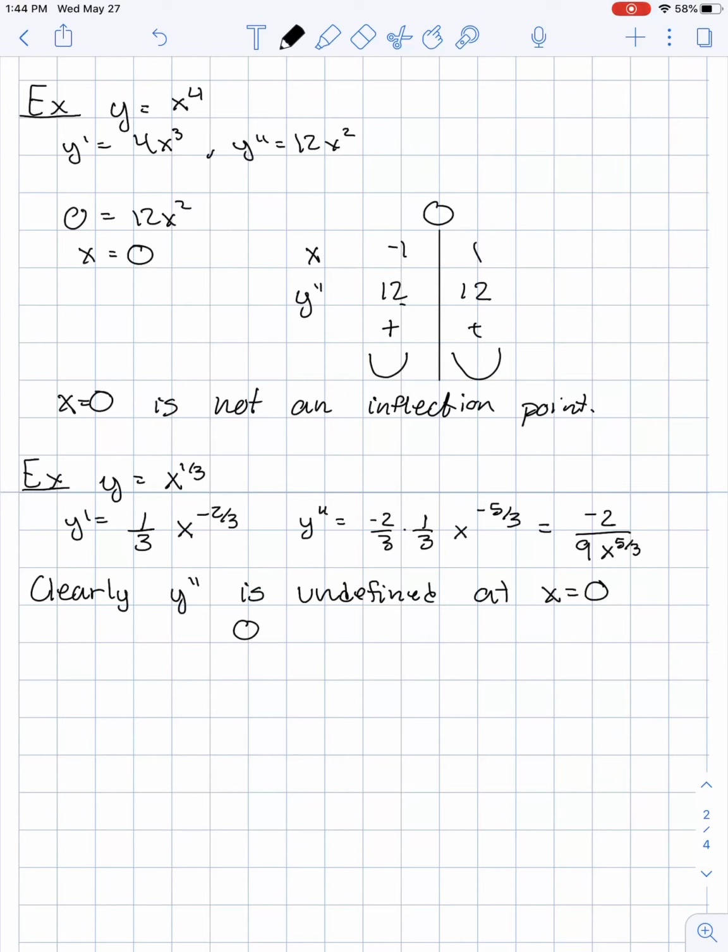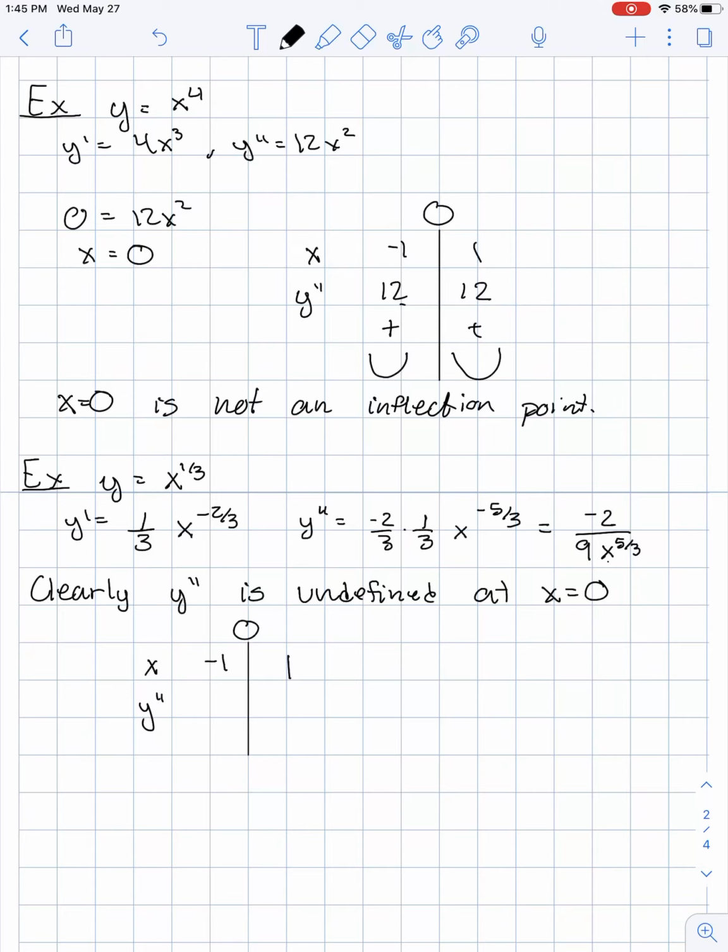So I have 0, draw my line under it. I like to choose really easy numbers like negative 1 and 1 for y double prime. So I plug in negative 1, and I get negative 2 divided by 9 times, what's that?